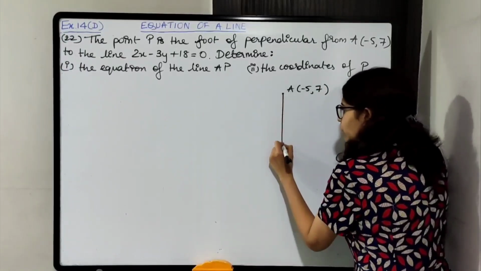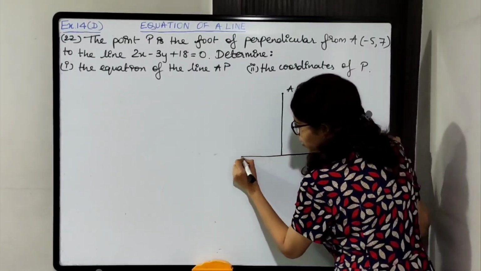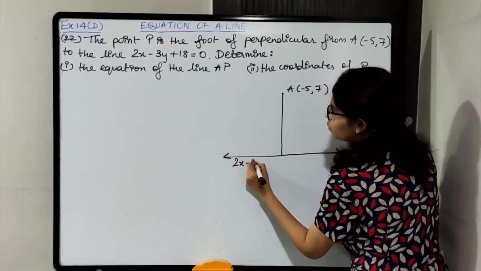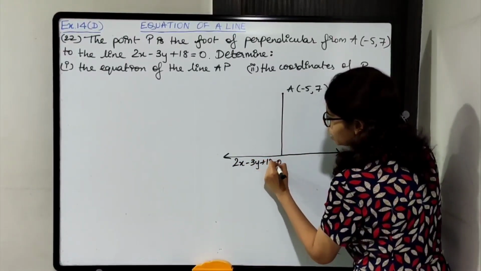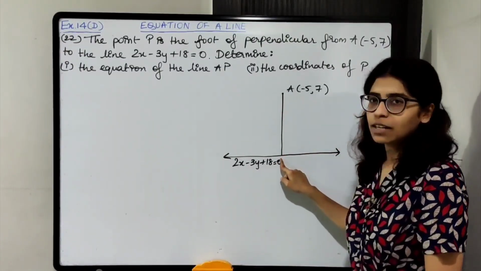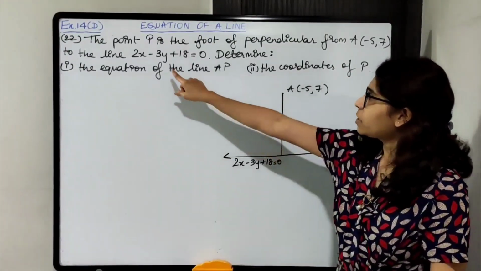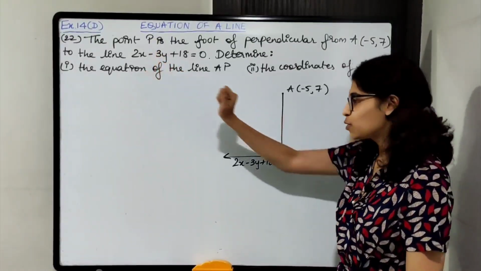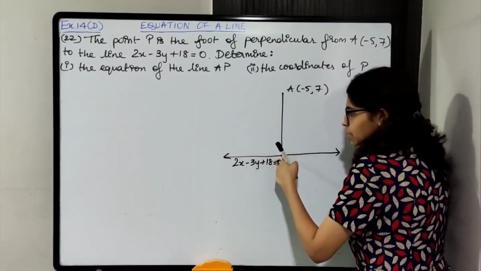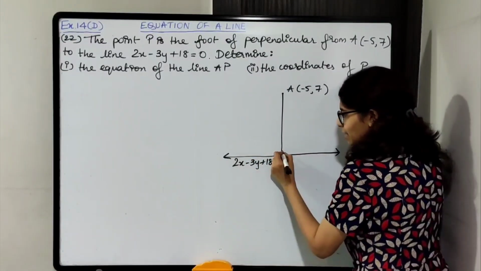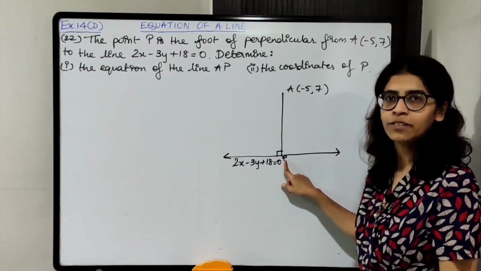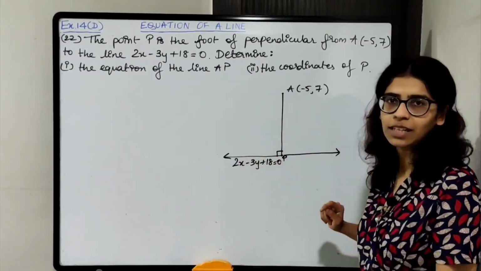From here we are drawing a perpendicular to the other line whose equation is 2x minus 3y plus 18 equal to 0. The foot of this perpendicular is P. So it is the point where this perpendicular meets the line.